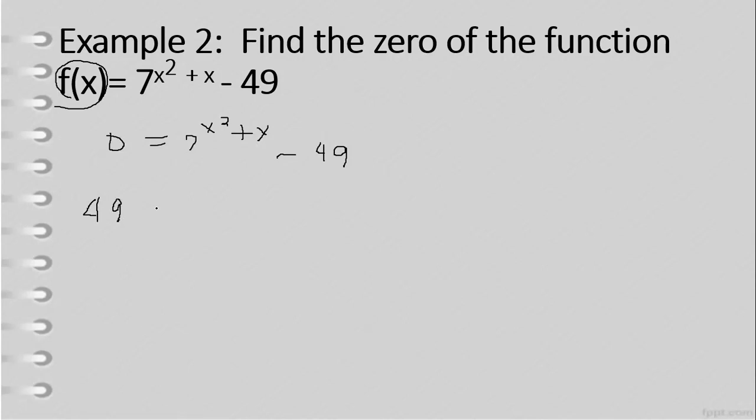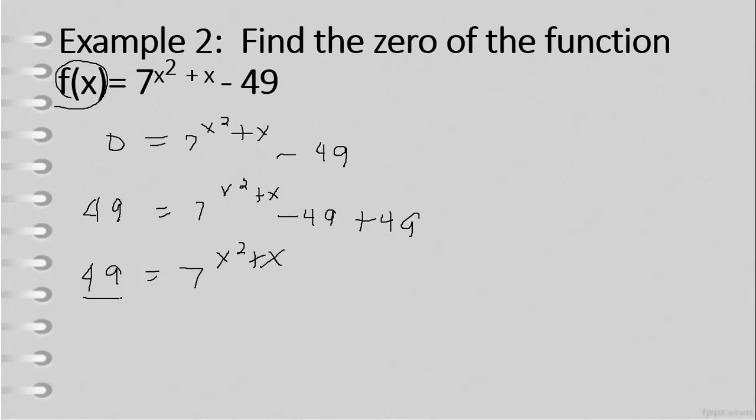And of course, dapat sa kabila din. So 49 is equal to 7 raised to x squared plus x.